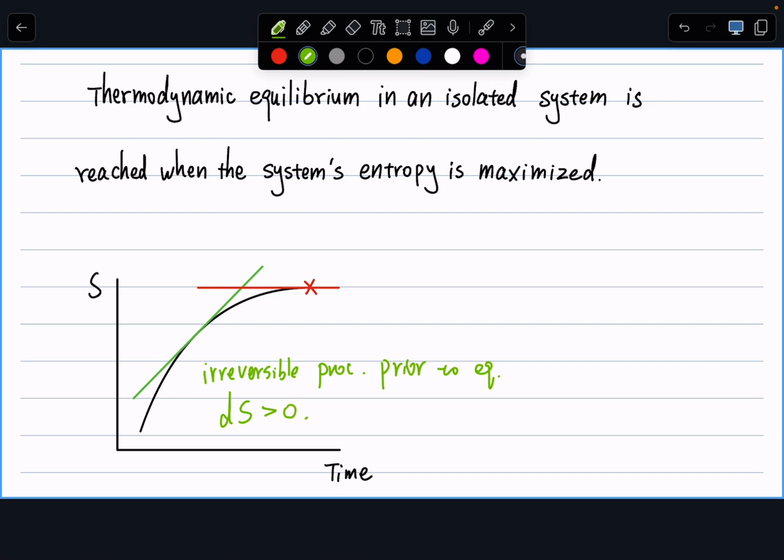Once we reach equilibrium, we know that dS equals 0, because at equilibrium we only have reversible processes taking place. And that's the maximum point for our entropy curve. So the common misunderstanding here, just read this sentence again: thermodynamic equilibrium in an isolated system is reached when the system's entropy is maximized.